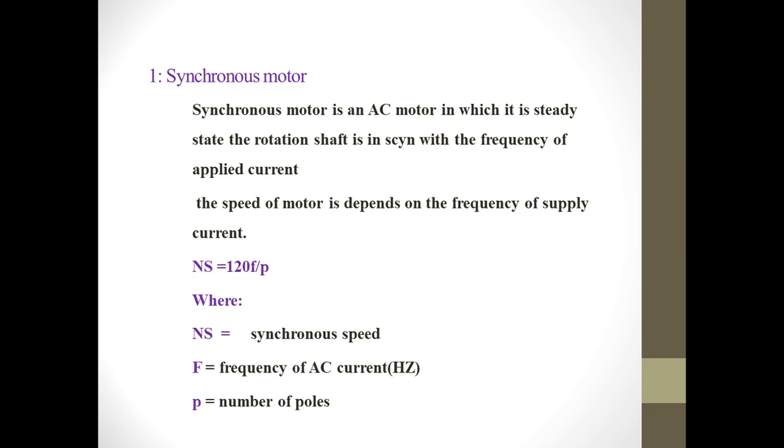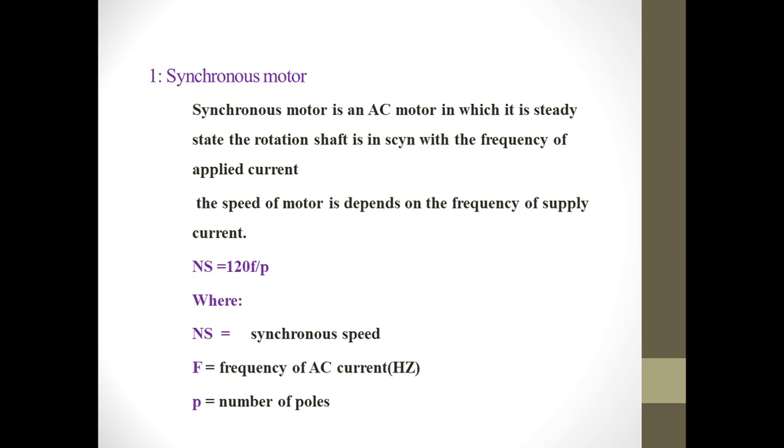The shaft is in synchronous with the frequency of the applied current, and the speed of the synchronous motor depends on the frequency of the supply current. So this synchronous motor is rotating at synchronous speed.